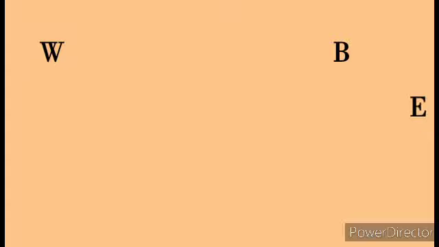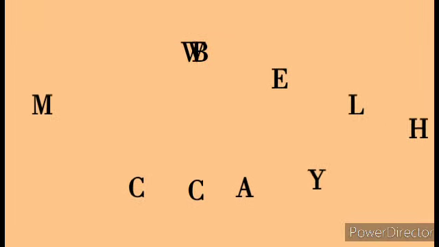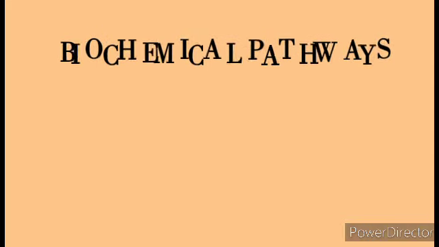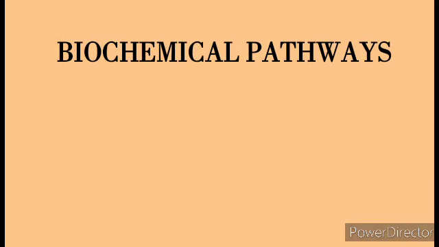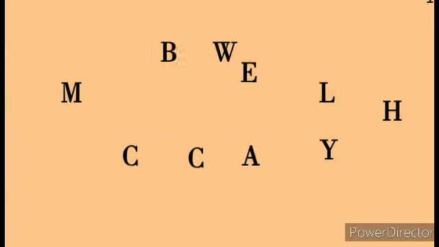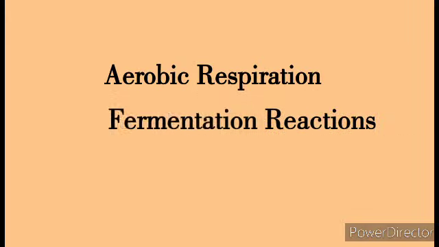Biochemical pathways are a series of linked biochemical reactions that occur in a stepwise manner. There are steps that must be followed from a starting material to the end product. There are two common processes in the biochemical pathways, which are known as aerobic respiration and fermentation reactions.